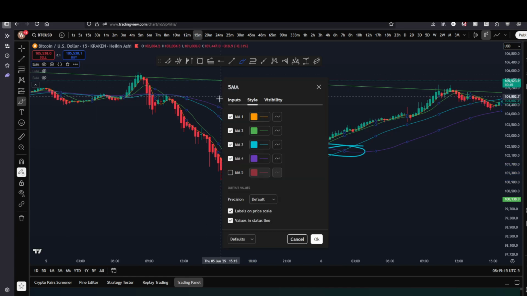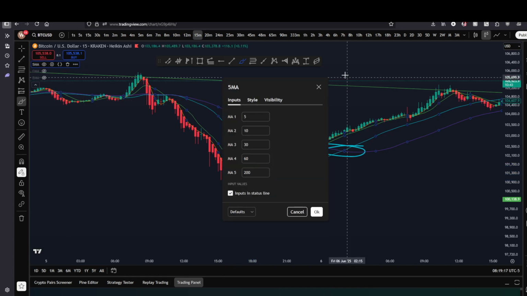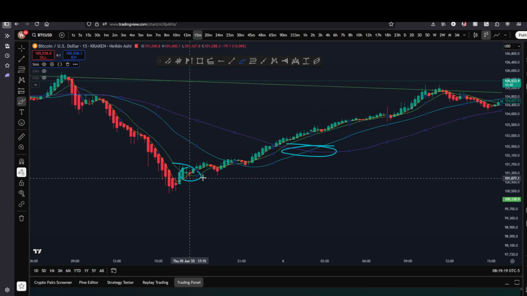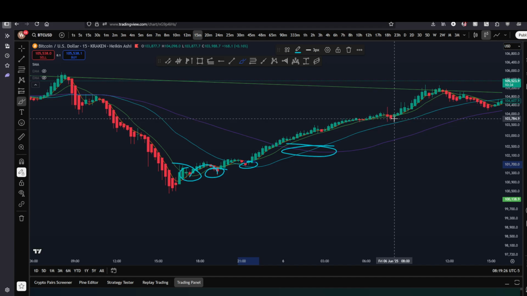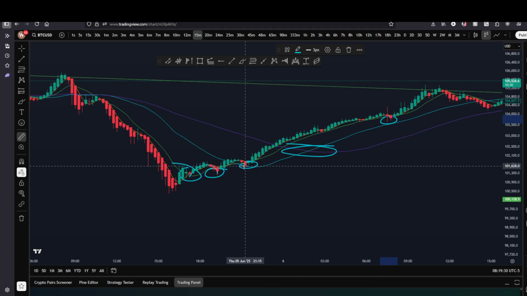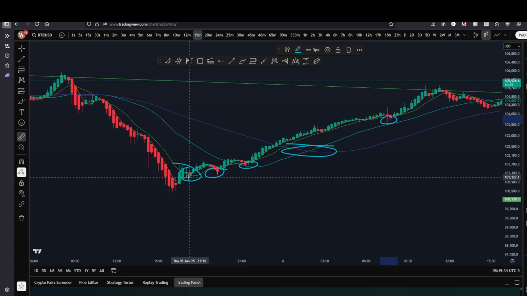Let me get the EMA straight. So this is the 5 and the 10. Okay. So they cross here. They come below both. You buy this. Buy this. Buy this. You guys get the point? All of these entries are amazing entries underneath both of these.